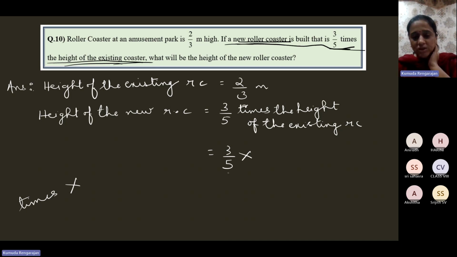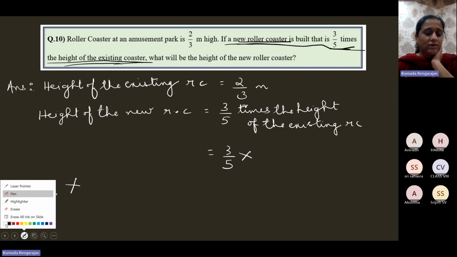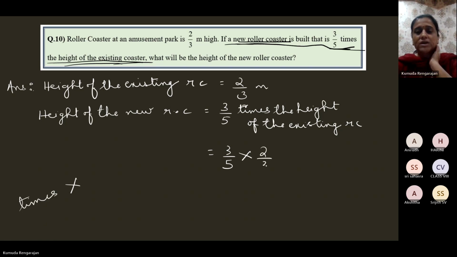3 by 5 times means multiplication, and the height of the existing one is 2 by 3. Read and substitute.